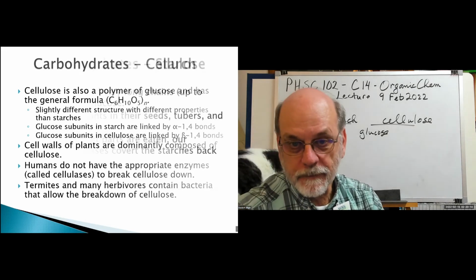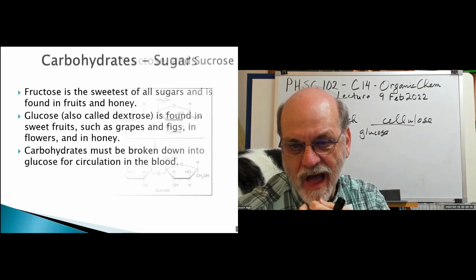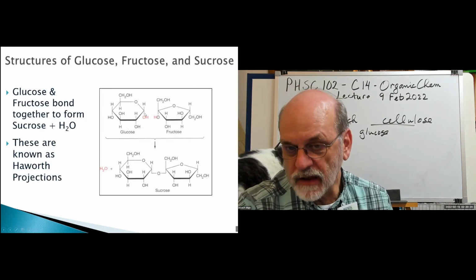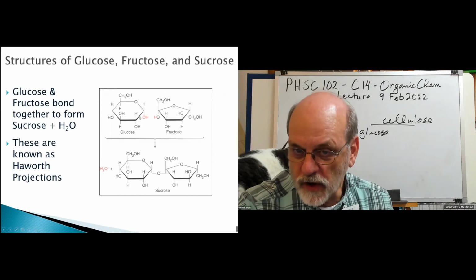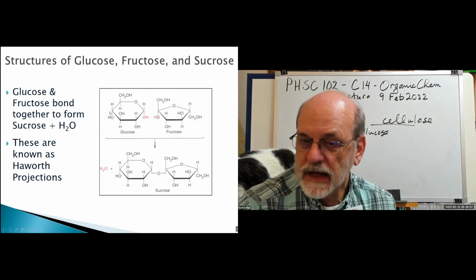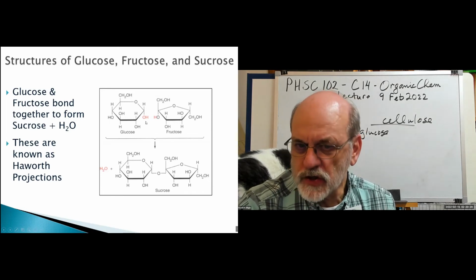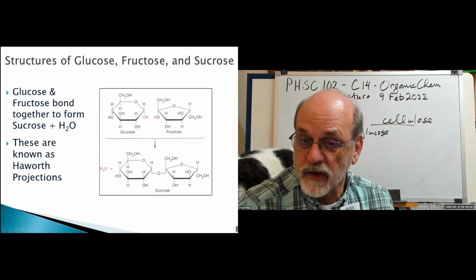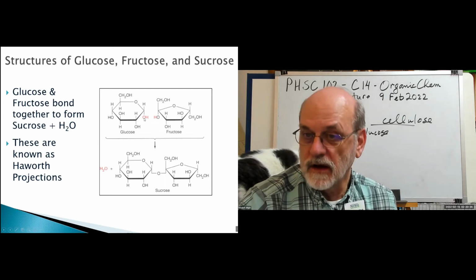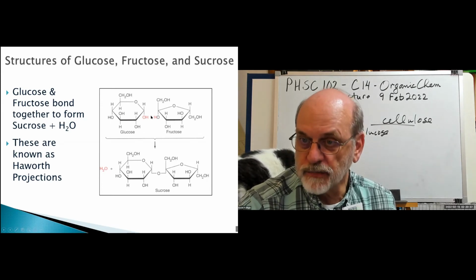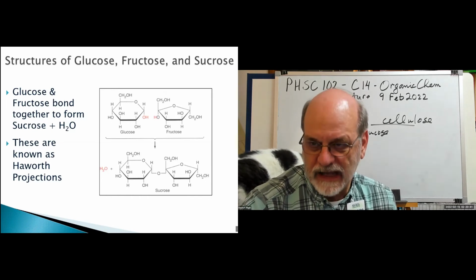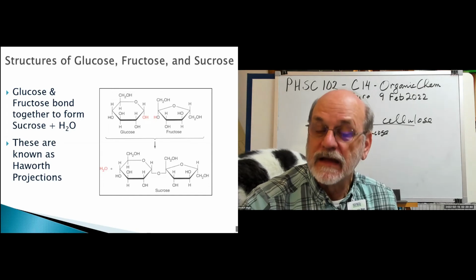Let's go back. Here we go. This is the number 1 carbon on that molecule. If you go around 1, 2, 3, 4, that's the number 4 carbon. If instead of fructose over here, you have another glucose on this side, then you can bond that carbon on the other one to this carbon on that one with this oxygen bridge. That's called a 1,4 linkage.